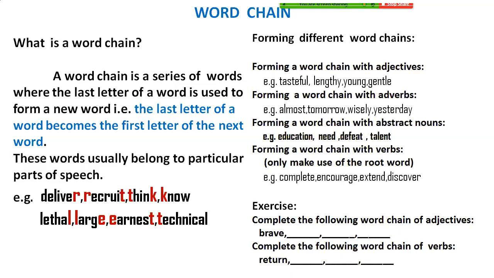Now, this adverb tomorrow ends with the letter W. W is used to form the next adverb, that is wisely. Wisely ends with the letter Y. Y is used to form the starting letter of the next adverb, that is yesterday.